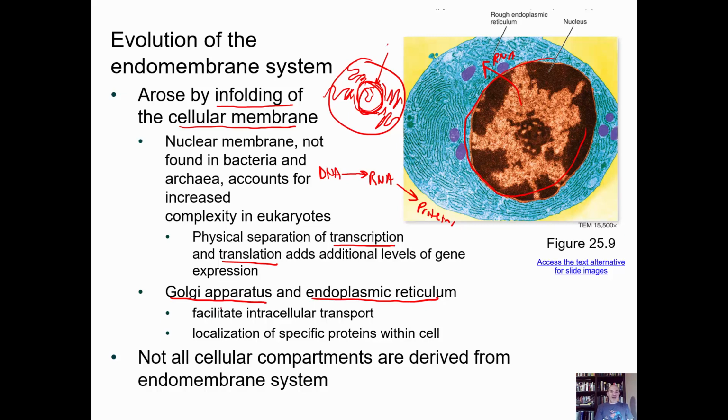And then when you have these other membranes here, the endoplasmic reticulum, which probably started off as enfoldings themselves, and your Golgi, these structures help not only produce things separate from the rest of the cytoplasm. In the rough endoplasmic reticulum, we make proteins, for example, that we don't want made freely in the cytosol or the cytoplasm. You produce them there, and then you transport them and modify them further.